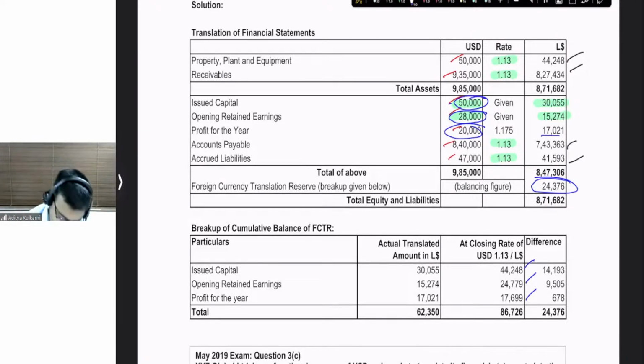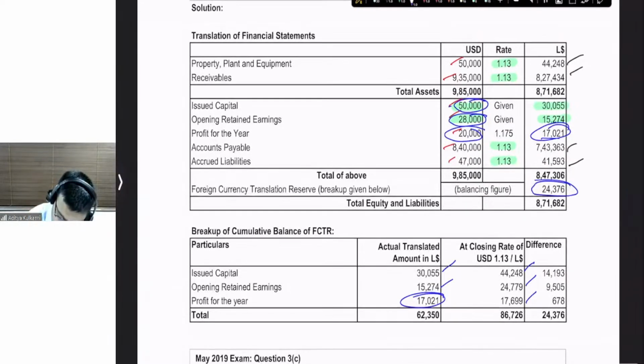But currently what are the translated amounts I have taken? This is what is given: 30,055, 15,274 and this 17,221 which I have taken here. So because of this I am getting these differences, which is exactly equal to the FCTR that I have recognized as a balancing figure.